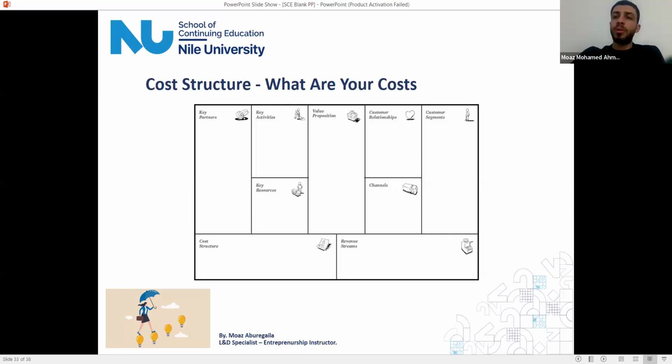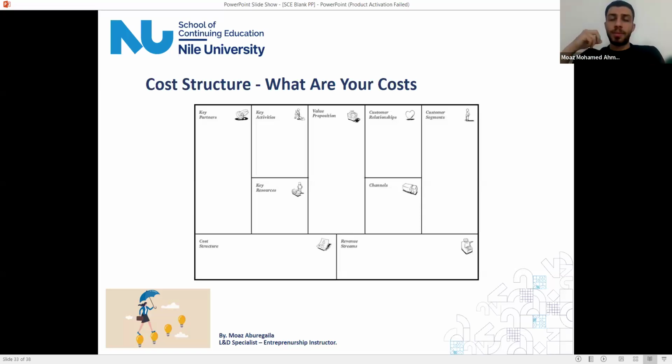So guys, I want you to work on the revenue streams and the cost structure. And this is the final part of the business model canvas.